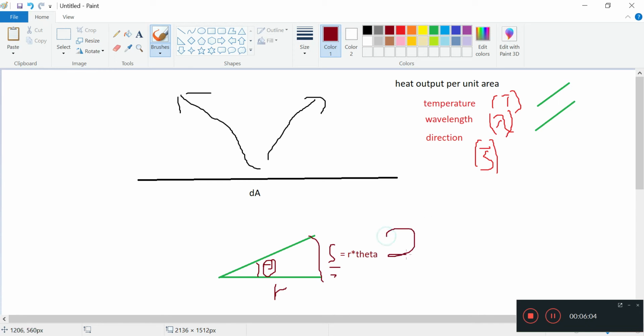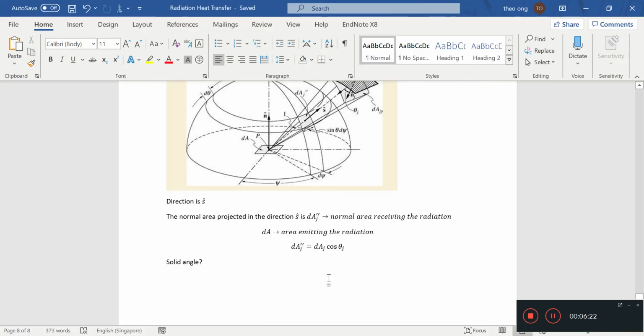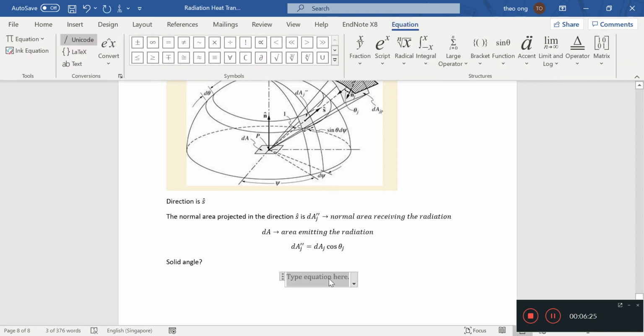This is in a 2D sense. How about 3D? In a 3D sense, if you want to talk about using an area and relating that to an angle, you will need a solid angle. So the analogous way to define a solid angle is this: solid angle equals dAj divided by r squared.